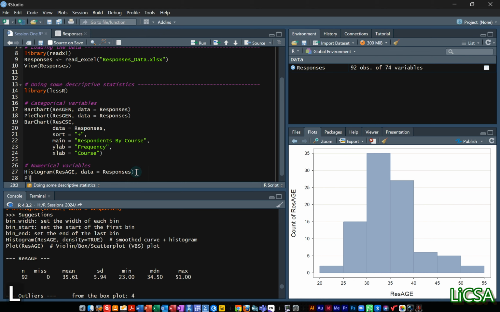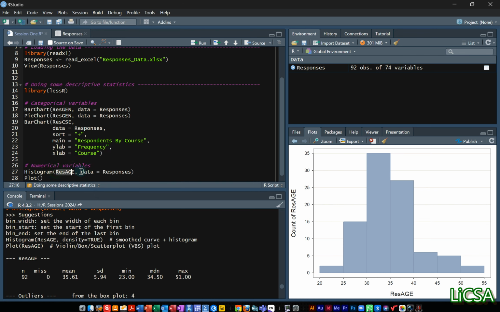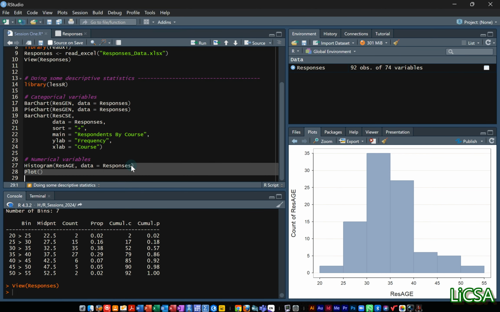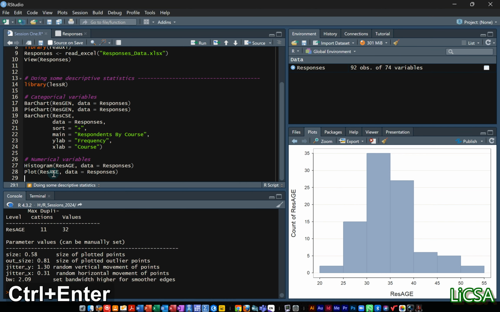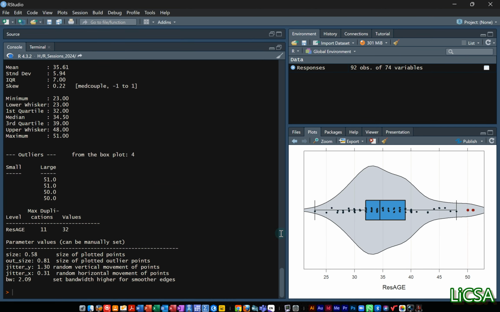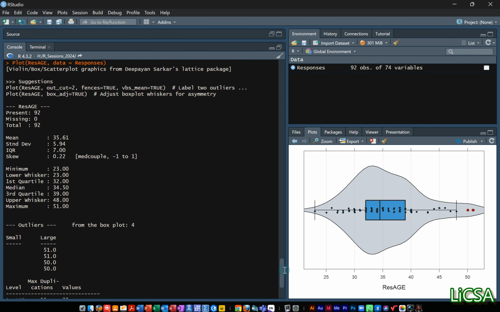But we have another way of plotting this. If I say plot, just plot, and I copy the same information here, I want to use the plot function instead of histogram. What will it give me? It gives me what we call a violin plot. A violin plot is an advanced way of visualizing numeric data.